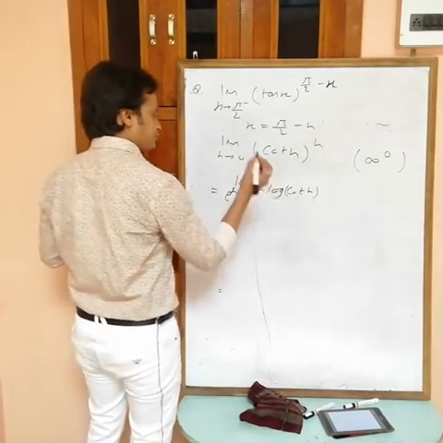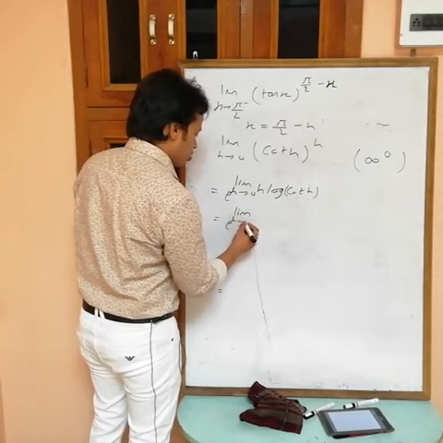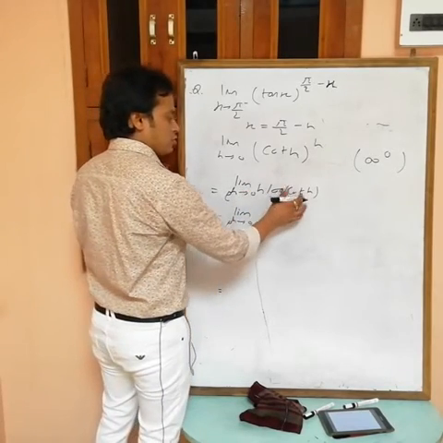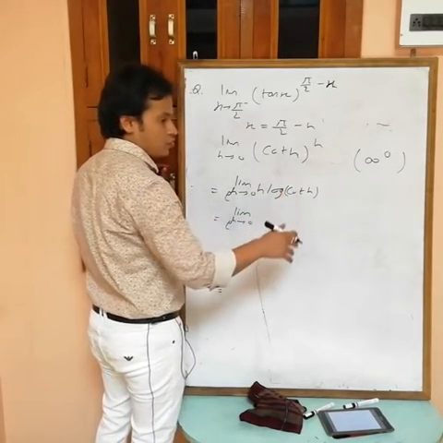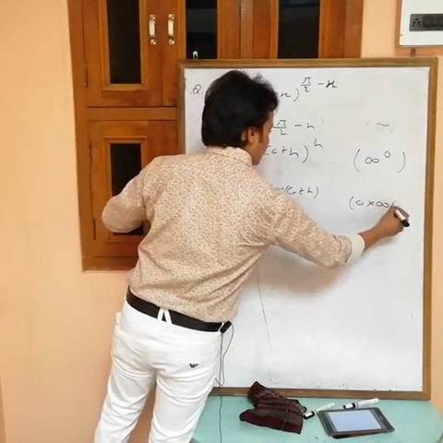Then again e power limit h tending to 0, if you put h equals 0, this is 0, cot 0 is infinity, log infinity is infinity, so we have a 0 into infinity form.